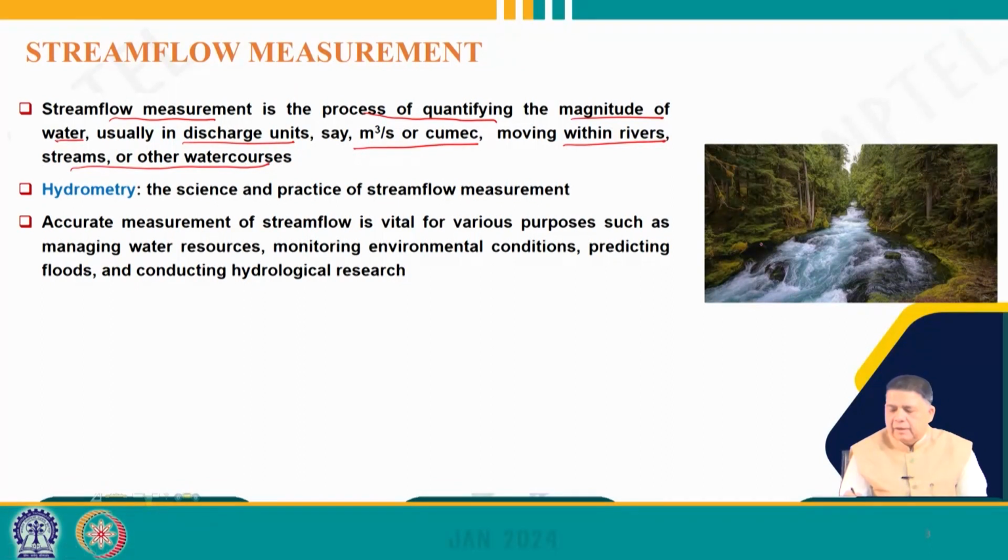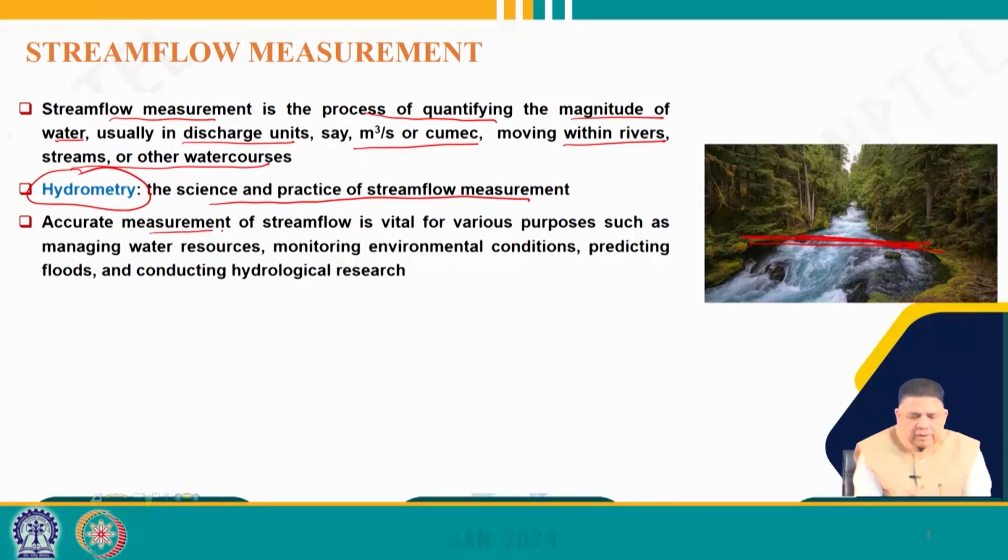At any cross section, if you measure the flow and quantify it in discharge units, that is nothing but measuring discharge or streamflow. The science and practice of streamflow measurement is referred to as hydrometry. So anytime we are trying to quantify or measure flow, we are dealing with hydrometry.